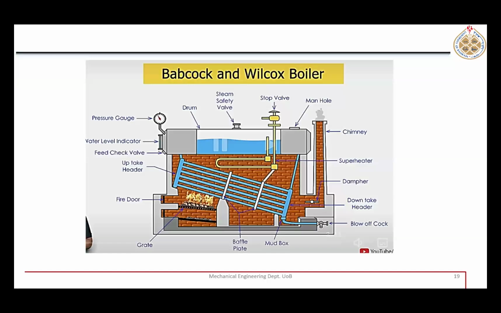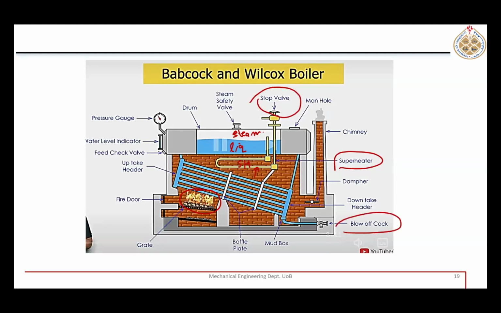So here you see another picture of the same Babcock and Wilcox boiler. So here is liquid water, and here it is steam. Right. Here is the fuel which is getting combusted. This is the superheater. Here the steam is leaving from that valve. Right.